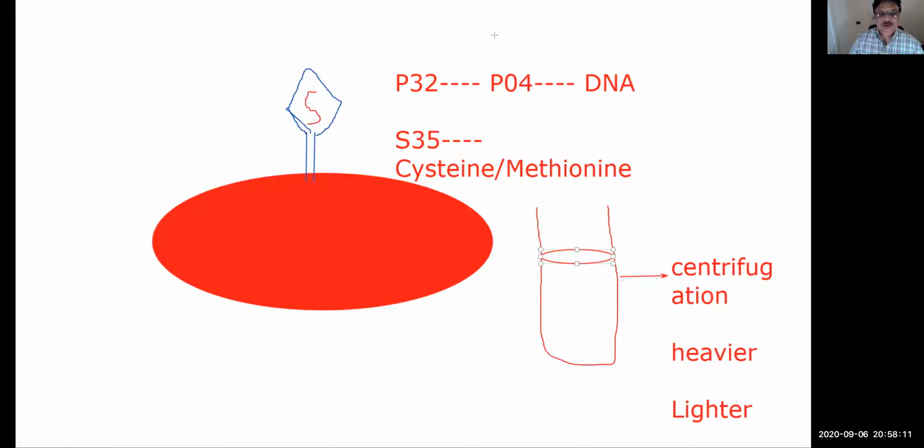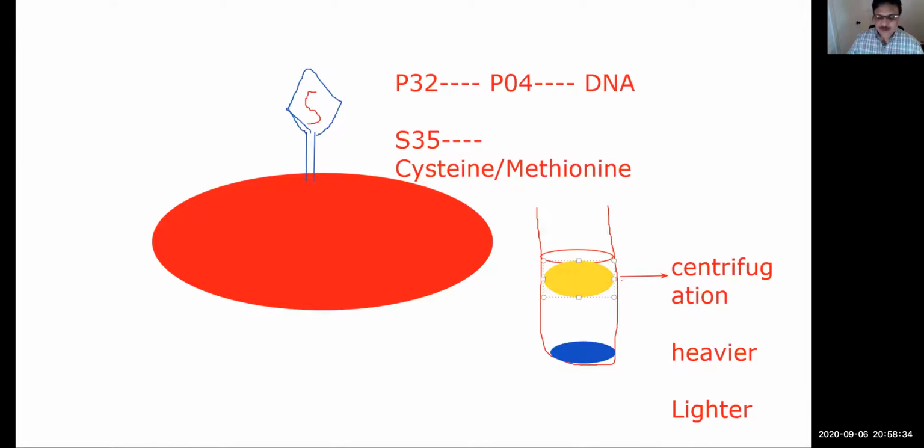What scientists noted after centrifugation was that some particles settled down at the bottom of the tube, and there were some particles that were floating on the top, right?